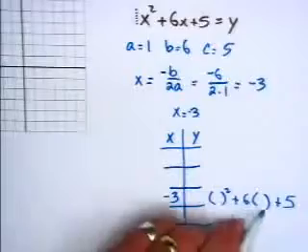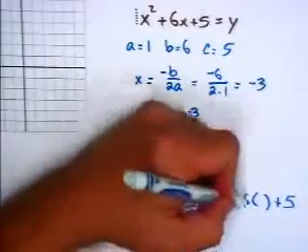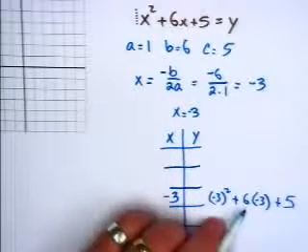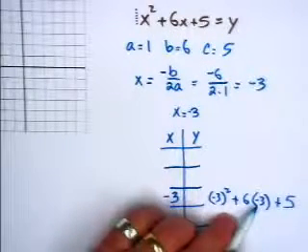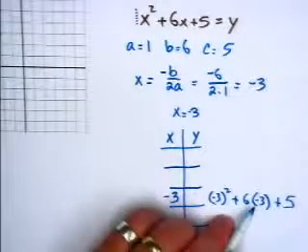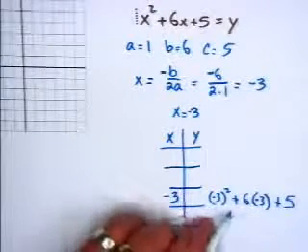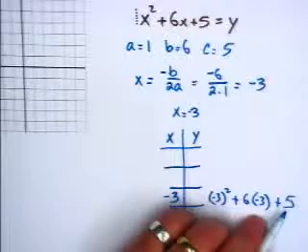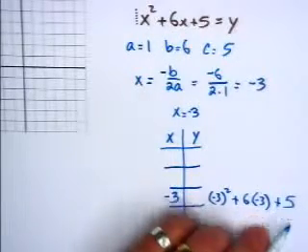That's x, which is going to be negative 3. Negative 3 squared is 9. 6 times negative 3 is negative 18 plus 5. 9 plus negative 18 is negative 9. Negative 9 plus 5 is negative 4.